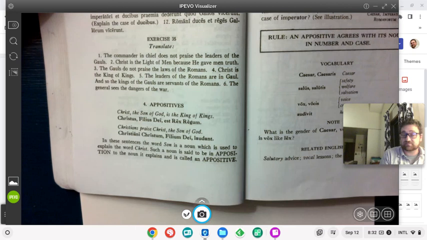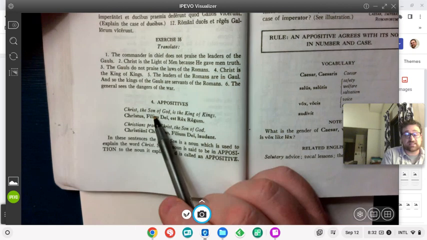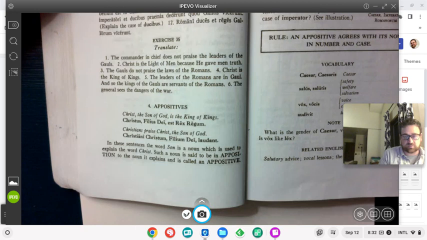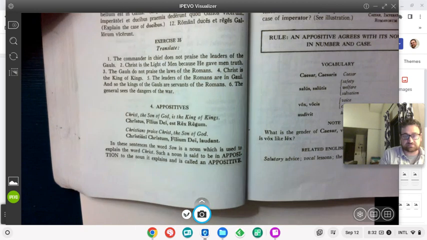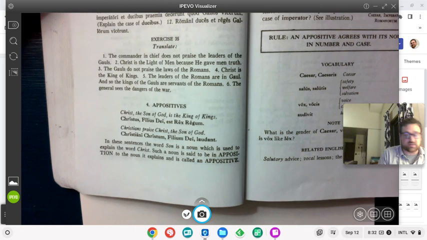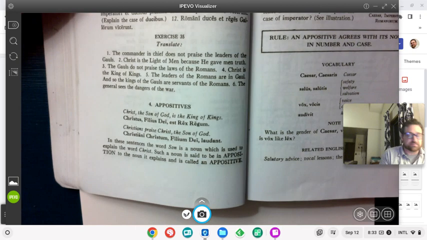Christus is in the nominative case because it is the subject. But when we have a word that's in apposition to the other word, the rule is we're going to keep it in the same case and the same number. It's not always the subject, as we're going to see. In the second one, the word that's in apposition to the other word is not the subject. So here it's Christians praise Christ. So now Christ is in the accusative.